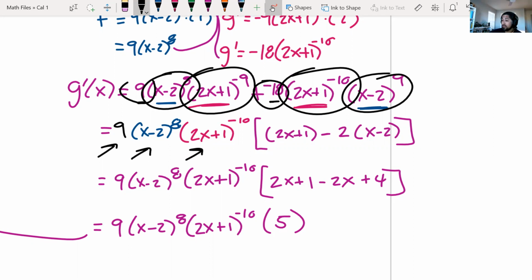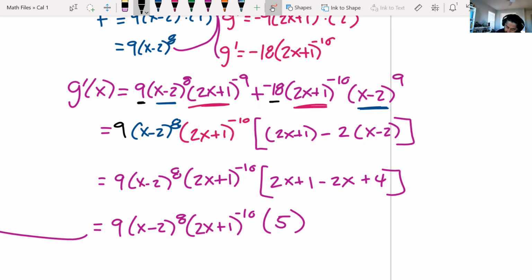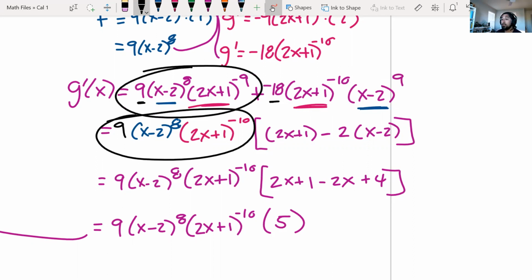And remember, factoring is essentially dividing. So what we're doing is we're taking all of this from that term first. So 9 from 9 cancels. X minus 2 to the 8th from x minus 2 to the 8th cancels. And 2x plus 1 to the negative 10 from the negative 9 will leave you with 1 left over. In this case, we can call it extreme factoring, right? And then you just moved the 18 to the other, the negative 2.